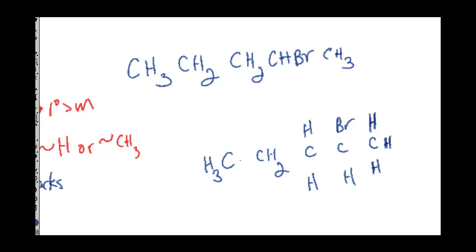So this is what we got going on. Again, the first step was the ionization of this bond right here, and what's going to happen is the bromine leaves.